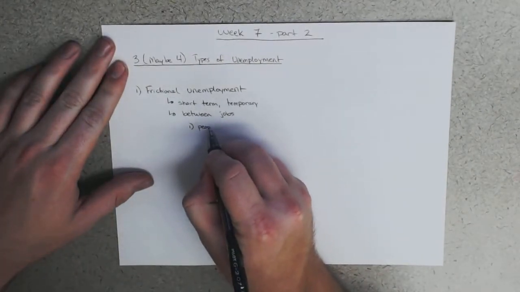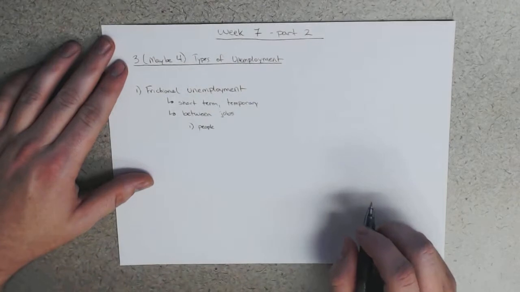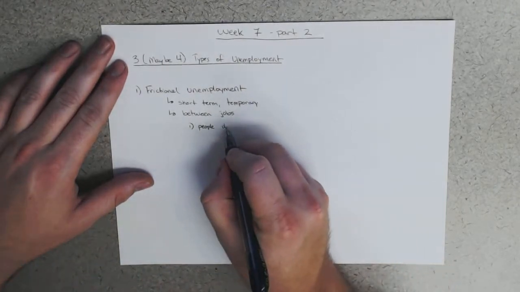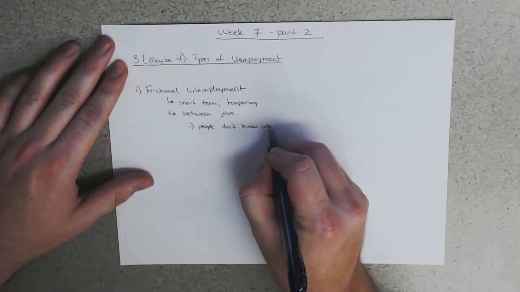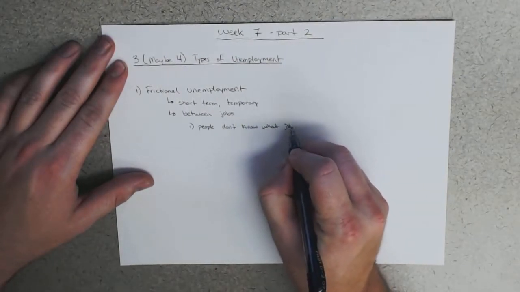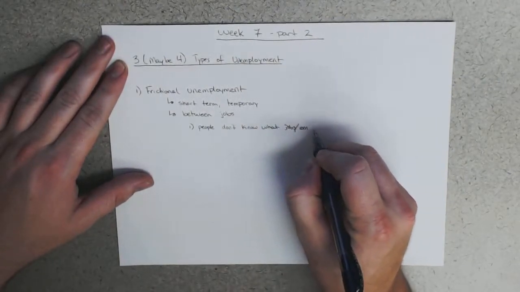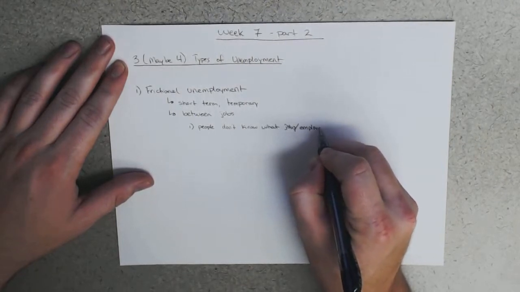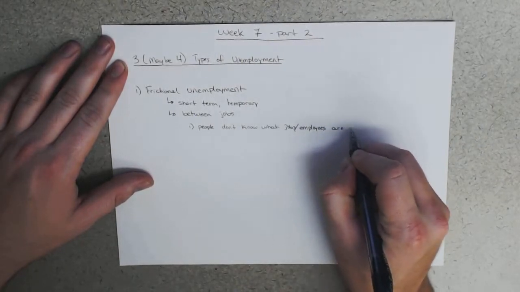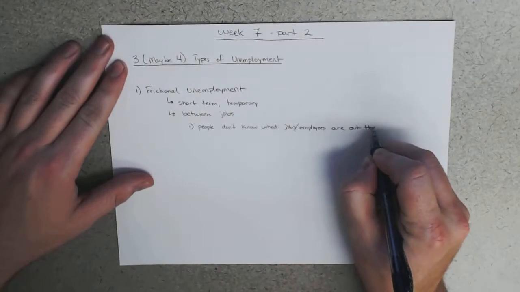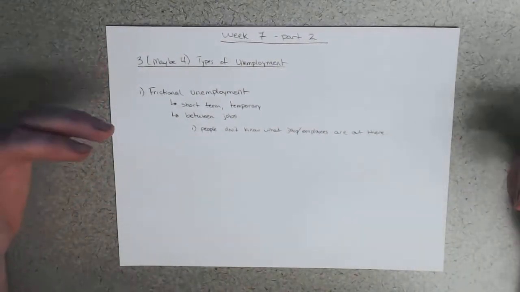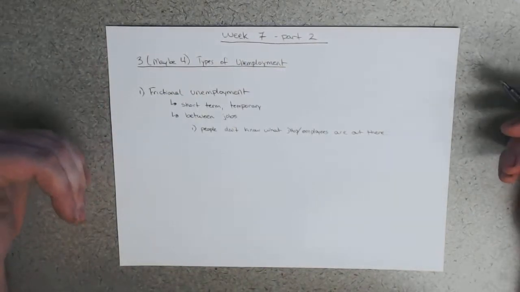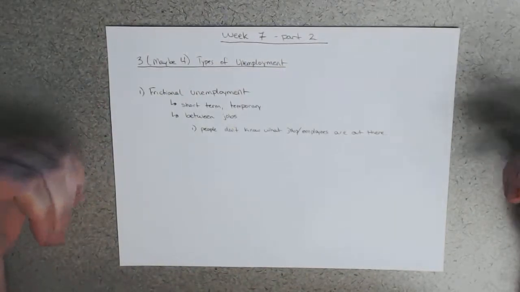I'm summarizing the stuff on the blackboard. People don't know what jobs or employers are out there. In other words, the information about what jobs are available and what employees are available is not perfect.